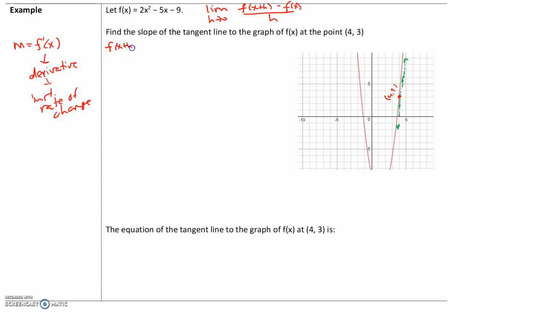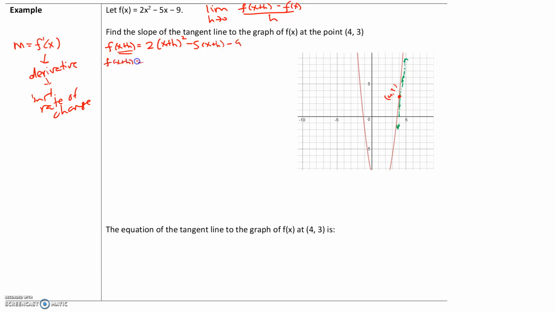All right, so let's first figure out what f of x plus h is. I will go through this quickly since we've done so many of these examples, but if something doesn't make sense, please do ask it in class. Our input is x plus h, so instead of x squared, we have our input, x plus h to the second power, minus 5 times x plus h minus 9.